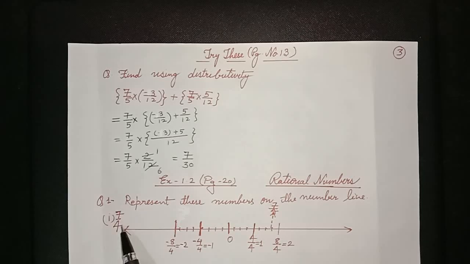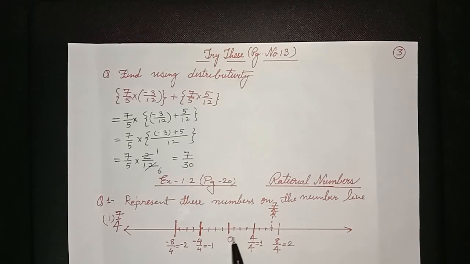To show this, we will draw a number line and take 0. As you can see, 7 by 4 is a positive rational number, so we will show it on the right side of the 0.